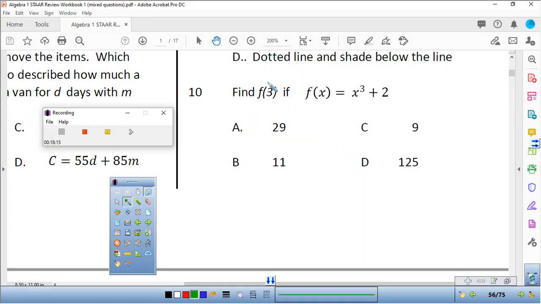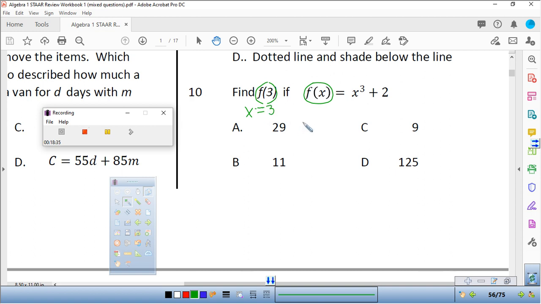What this is saying here is: find f of 3 when x is equal to 3. If you have this function, f of x equals x to the third plus 2, what this is saying is x is equal to 3.